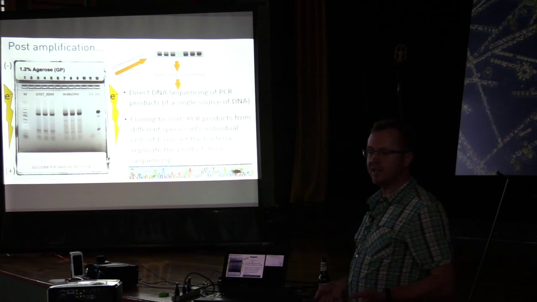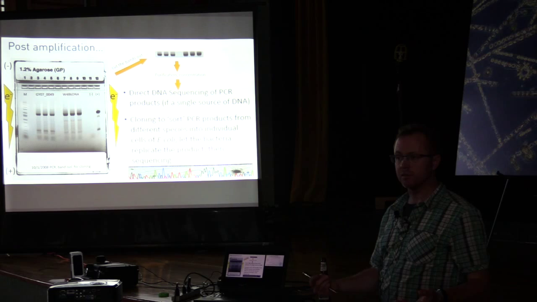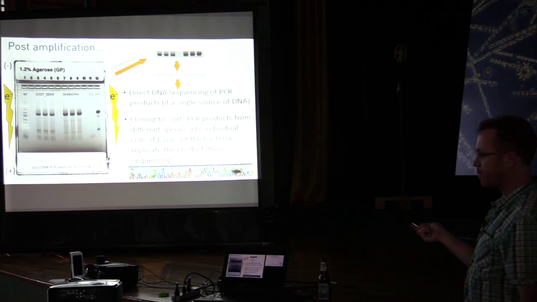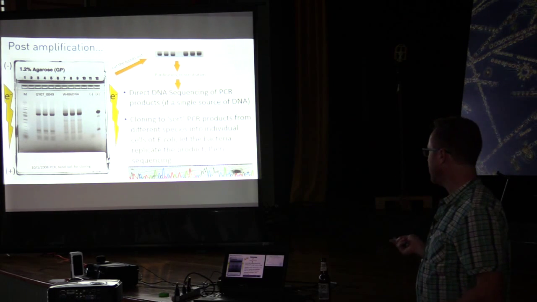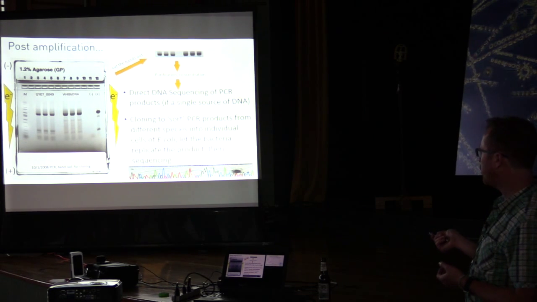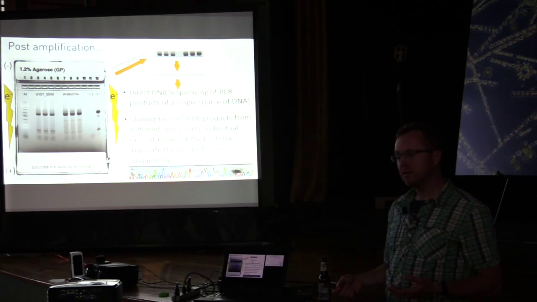But at Bigelow, we tend to work out in the environment, and there's thousands and thousands of organisms all mixed together. So a band like this might represent the DNA from hundreds, if not thousands, of different organisms. And so to actually sort those out, we have to put the PCR products into the bacterium E. coli.